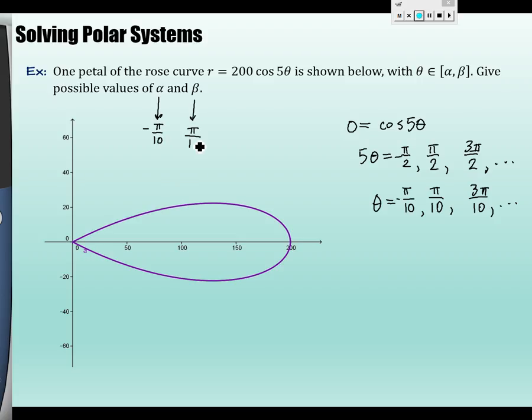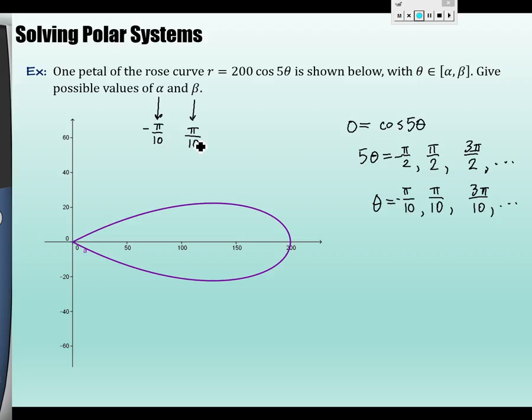I think I agree. Can we reason why that's the right selection? Well, when you're drawing it, you would start at 0, and then you go this way around the curve to complete it. So you're only going halfway around. We also know that in our interval from alpha to beta, we need to include 0, because that's when that happens.